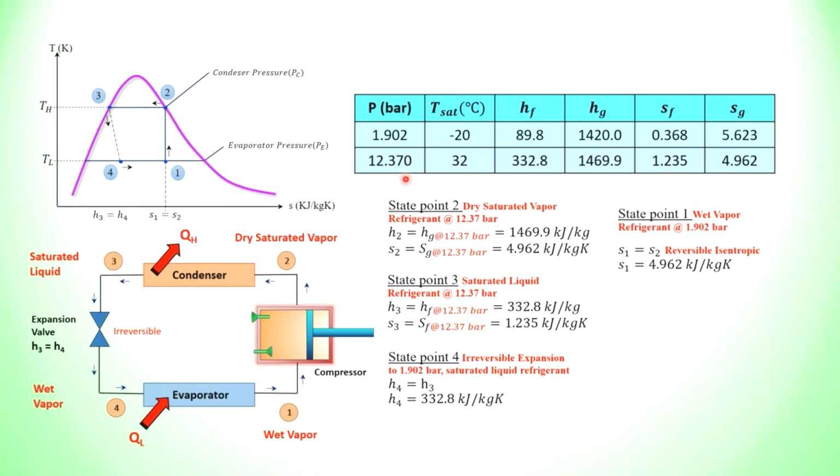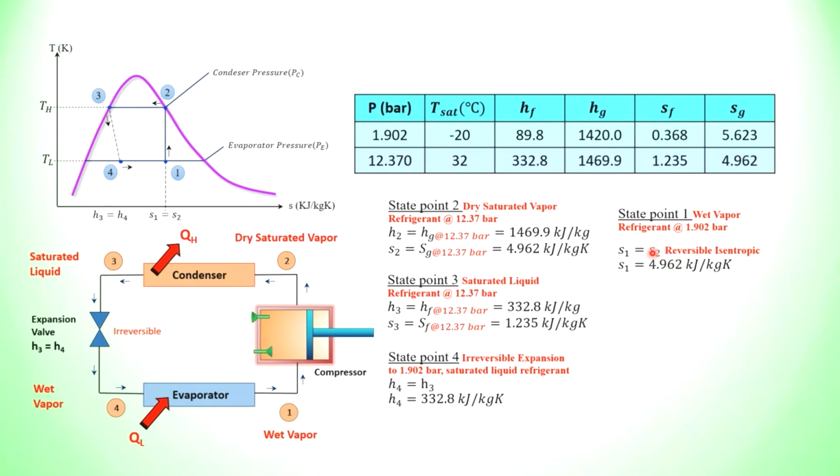Now you look at this line here, which is 1.902. So you compare this value with this value. Why this value? Because your S1 equals S2, you take from here. So you compare, this is less than this. This value here is less than this value. So that means it's wet.